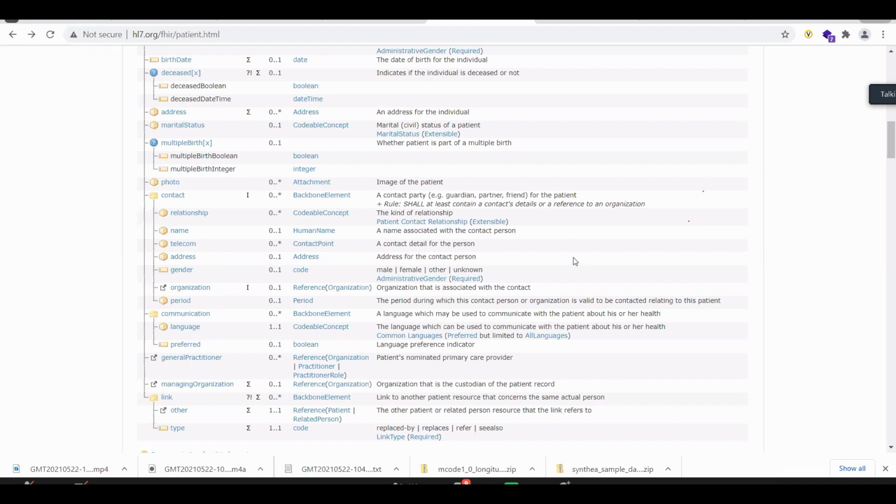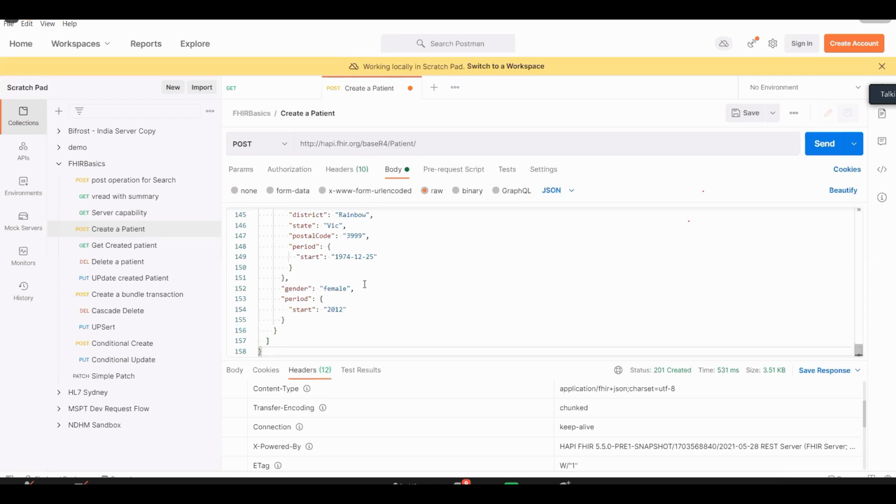Any further questions before we go? Next. There is a question to show once again successful addition of resource. Can you take that in Postman? What's the question? It's already done, no? Yeah, there's a request to show once more the successful addition of resource.